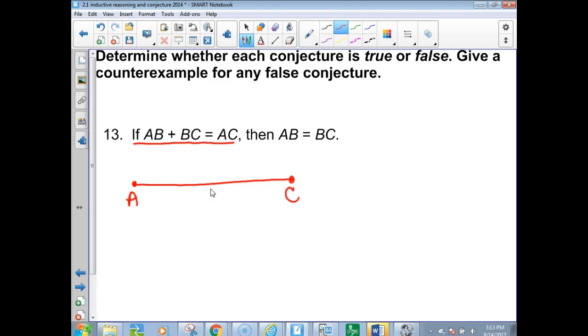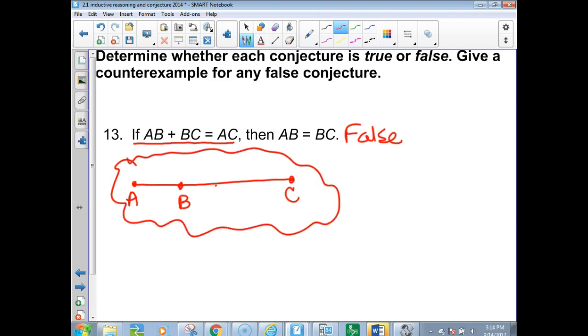So this part's got to be true, so I'll just put B somewhere. Remember, it doesn't have to be right smack in the middle. Oh, then does AB have to equal BC? Did I have to put it in the middle? And the answer is no, this was false, and I just made myself a counterexample. This is a counterexample. No, I don't have to write the word counterexample.